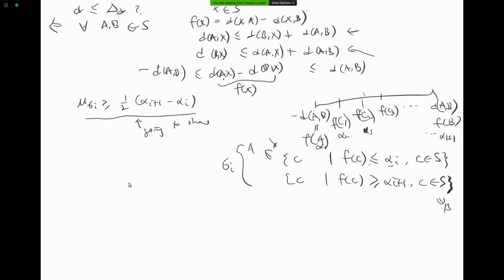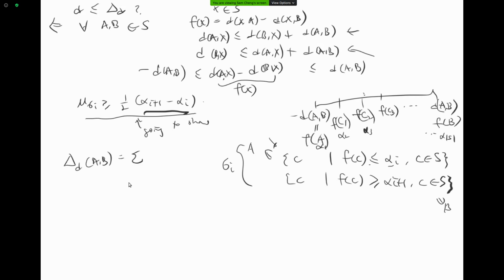But let's look at the conclusion first. If I manage to show that mu(sigma_i) is bigger than half of this difference, what I'm going to get is delta D(A,B).